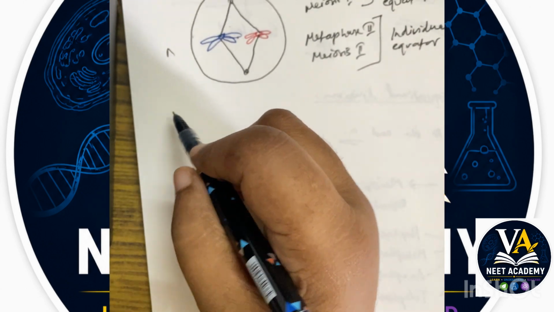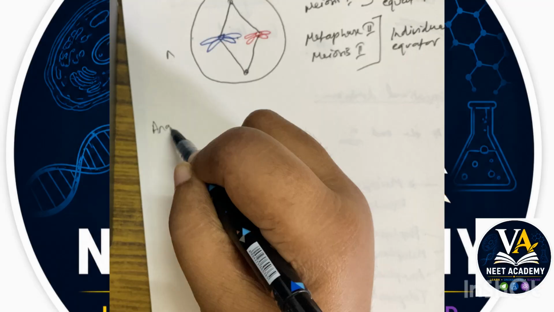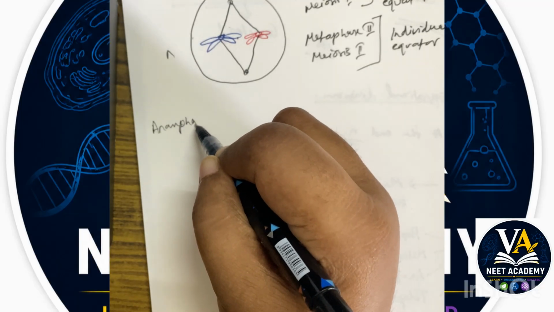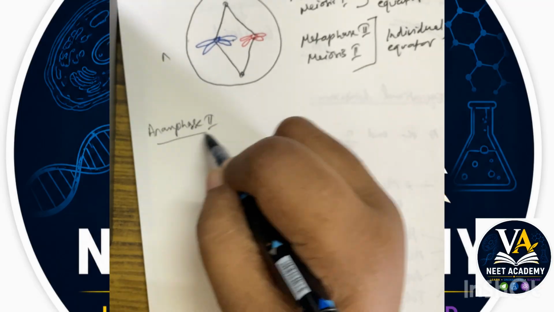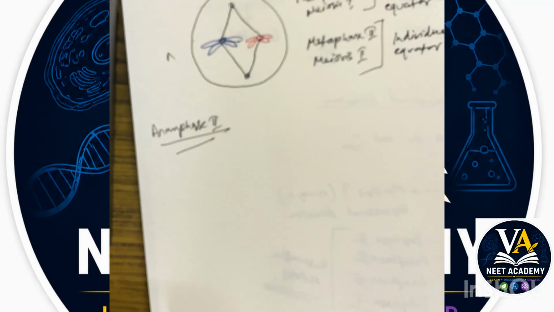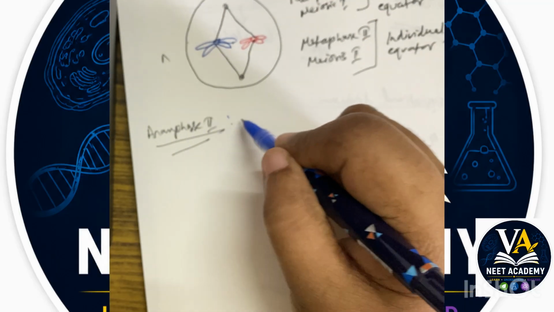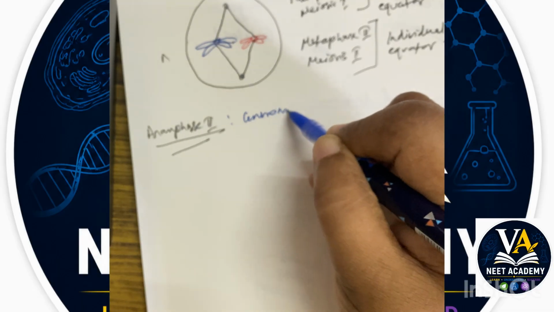Now we will move on to anaphase II. What happens in anaphase? If you remember, the centromere splits.